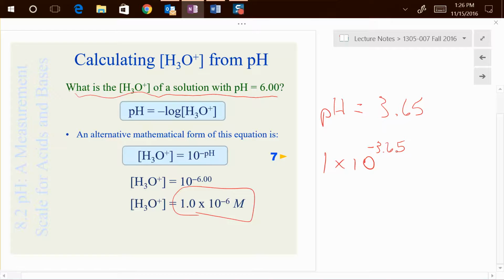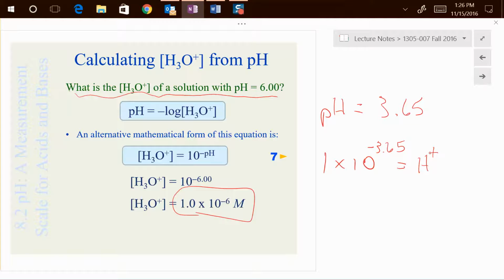So you need to do that calculation to figure out what the H plus ion concentration equals. Okay? So you have to use a fancy little button on your calculator called the anti-log. It's usually a shift function of log.